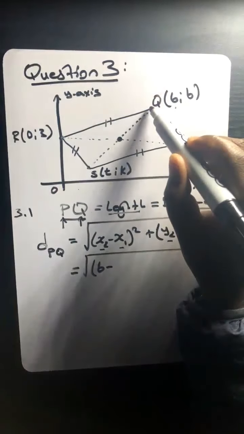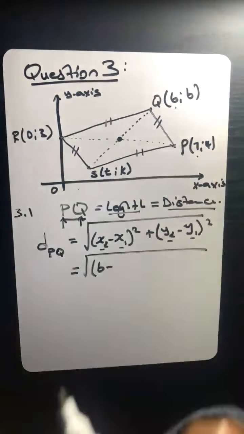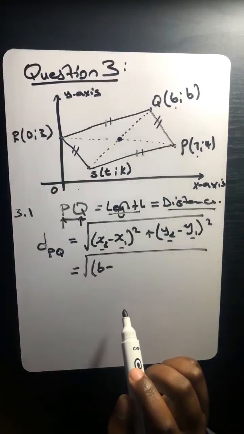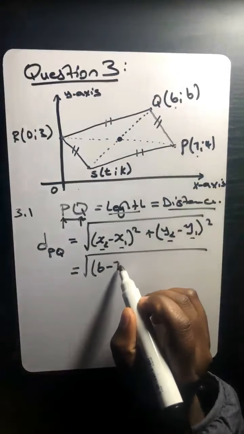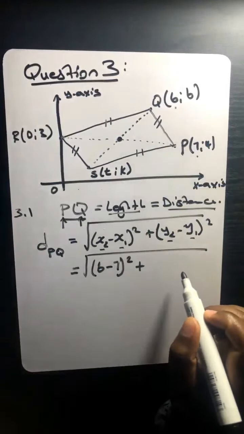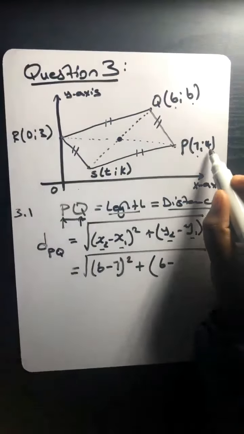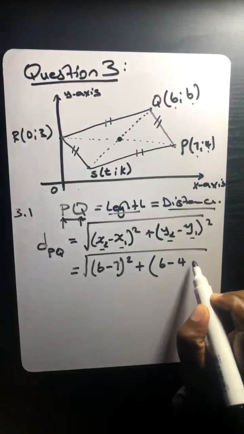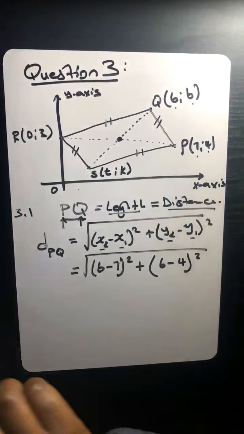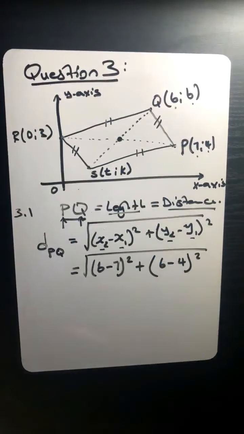So that means we are calculating that distance or that length. So we have 6 minus 7, you close, you square it, you plus, your y2 is 6 there, minus your y1 which is 4, squared. So guys, this is what we notice at the marking center.